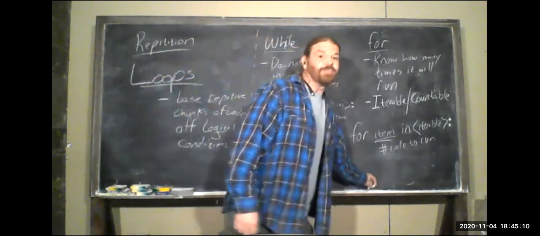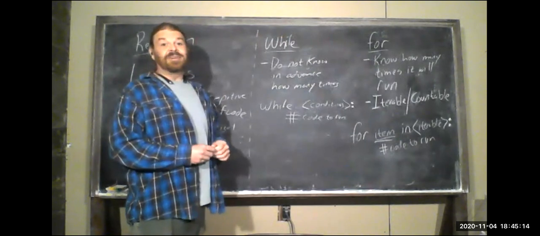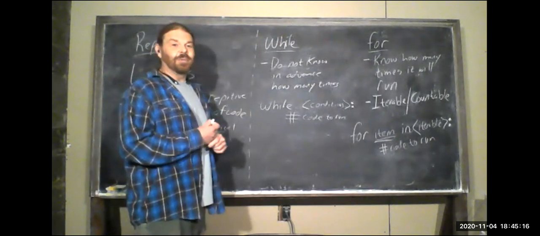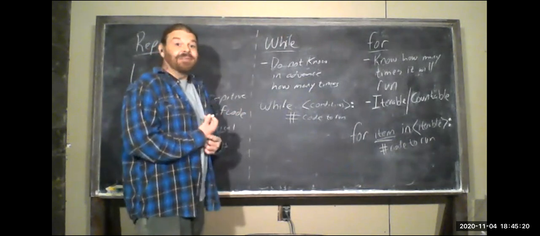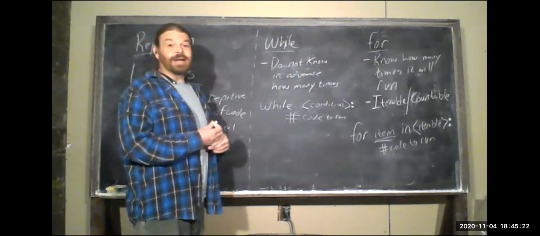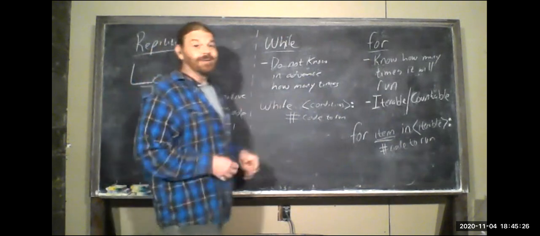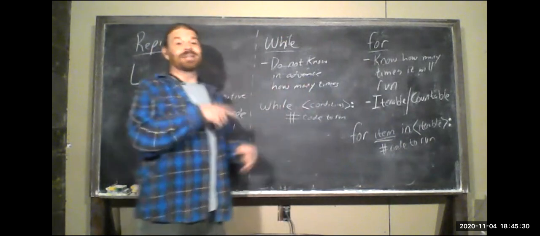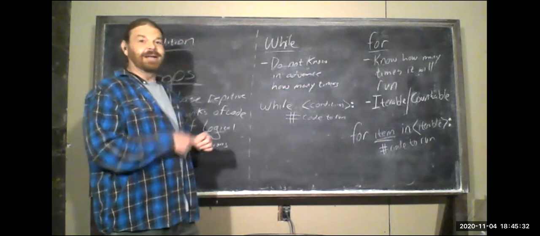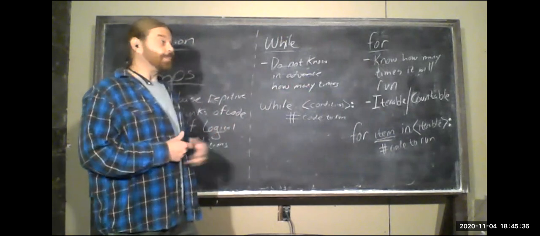Oh, which is another thing I should probably put up here. If you do want an infinite loop, typically that's something we want to avoid, right? But there are some situations where we want an infinite loop. The example that I always throw out is like an animation on a website. When people come visit your website, if you have an animated logo, you want that animation to run over and over and over again until they hit the close button on the browser and leave your website.